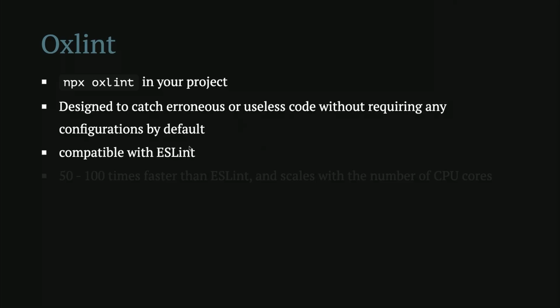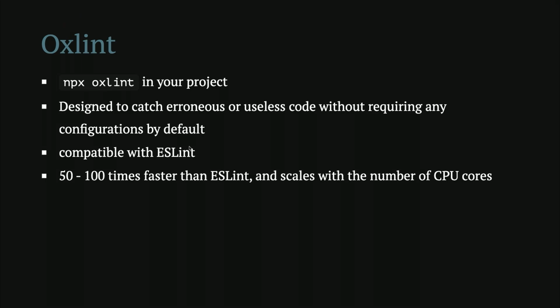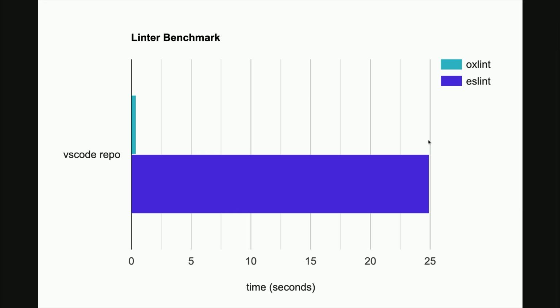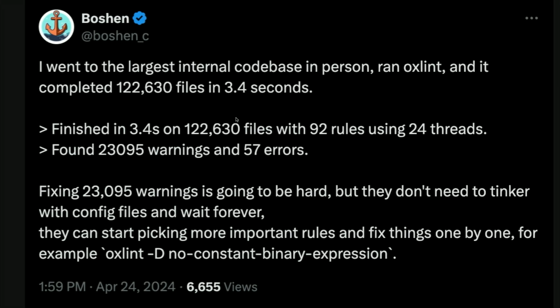It is compatible with ESLint, and it's 50 to 100 times faster than ESLint depending on the total number of CPU cores you use. It now has 432 rules. And this is the benchmark against ESLint. ESLint takes about 25 seconds, while Oxlint takes only 2 seconds in the VS Code repo. So it's really, really fast.